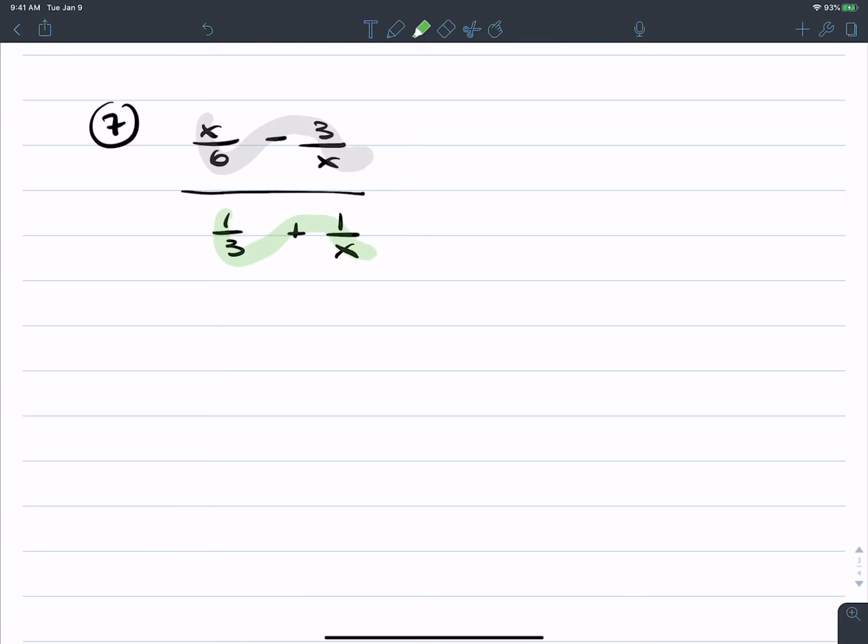You have a denominator on the bottom there, and you now have an addition question. And don't forget that ultimately we're going to divide here. So it's called a complex fraction.